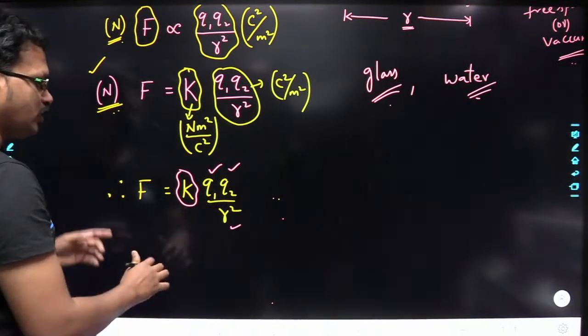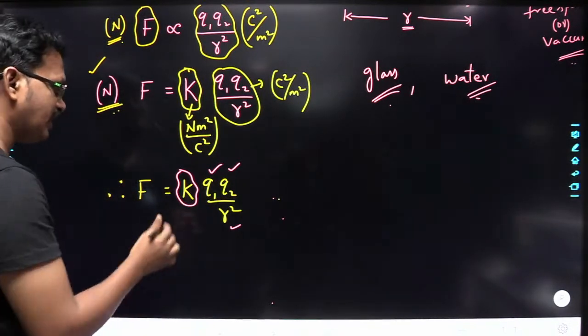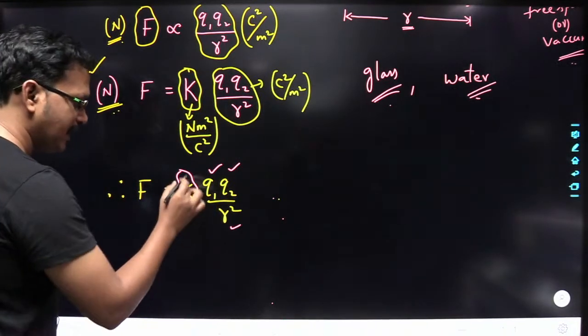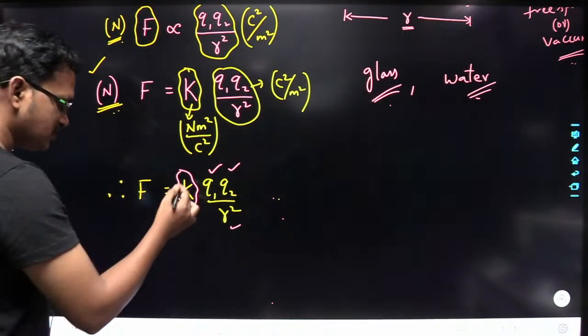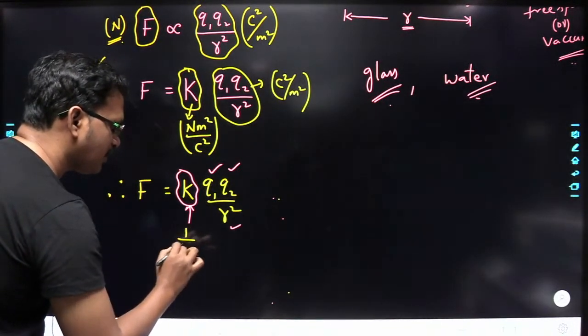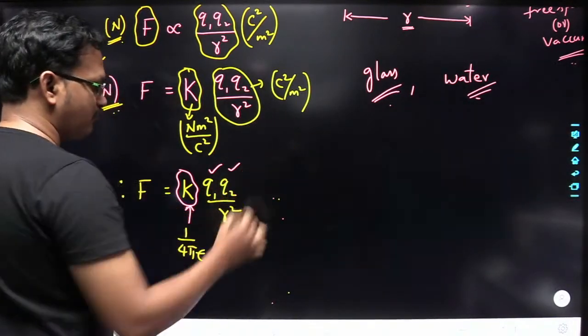So you have to include the medium parameter in this force expression, and hence they have included the medium parameter in the proportionality constant here. So this proportionality constant K is nothing but 1 by 4 pi epsilon. So the value of K is nothing but 1 by 4 pi epsilon.